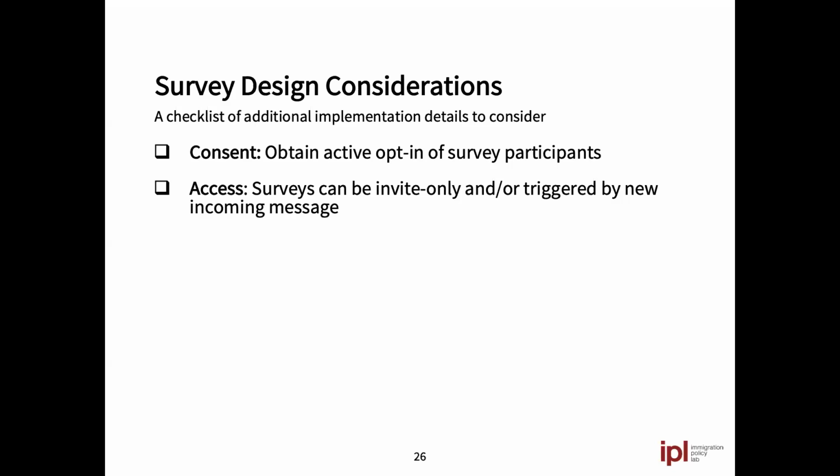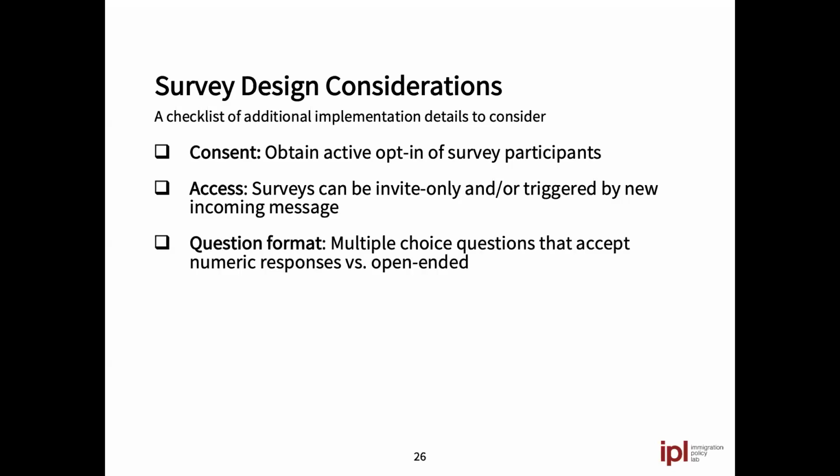An example of that was at the beginning of this webinar: if you did not receive an initiated survey from us, either because maybe you didn't provide active opt-in or for any other reason, there is also a channel for you to submit an incoming message to the IPL WhatsApp number, and then receive a survey that way. So you can do both of these options. You can keep it invite only, or you can keep it an open hotline or channel of communication for any participants who are interested in participating in the survey and self-selecting into it.